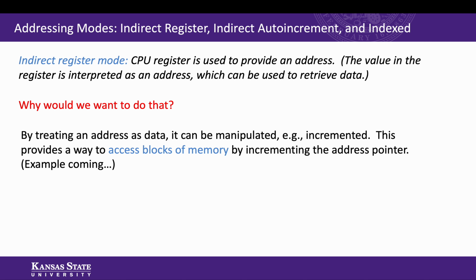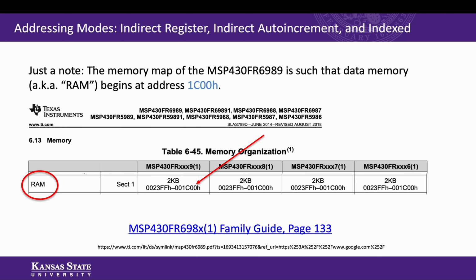If we treat an address as data, which is essentially what we're doing when we move an address into a register, then it can be manipulated, like incremented or decremented. This provides a way to access blocks of memory by incrementing the address pointer. There's a lot to unpack there, so if you want to pause, feel free, but I've got an example coming right after this little reminder.